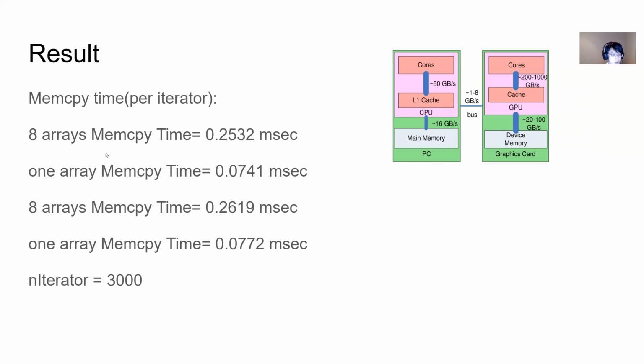But if we copy one array, which means we copy one time, the size of the memory is 8 times the first one. So we copy the same total size of memory, but the first is 8 copies and the second is 1 copy, because with vectors we can't copy 8 vectors in 1 time. So it is quite different, almost a 3 times speed difference.